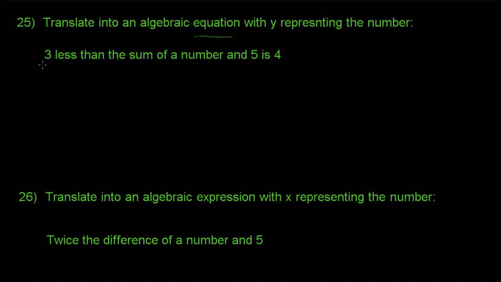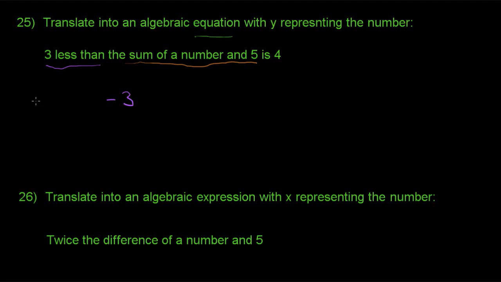What does less than mean? 3 less than means subtract 3 from something. So we're going to subtract 3 from something. And what is that something? The something is the sum of a number and 5.